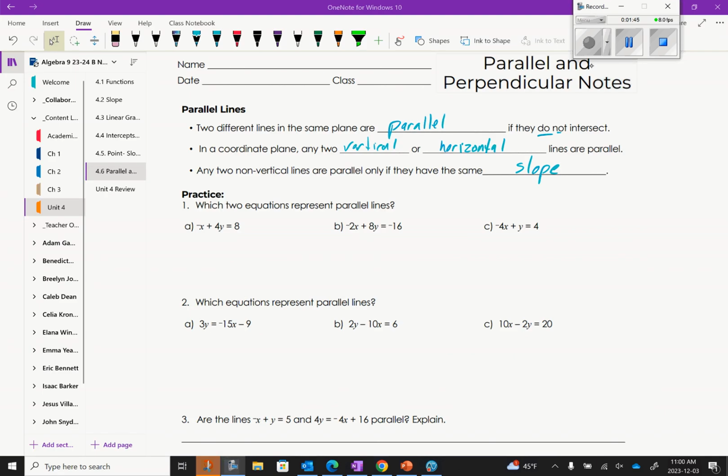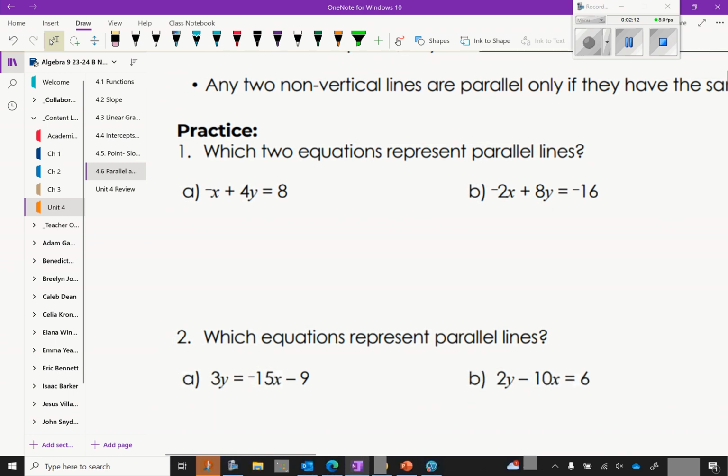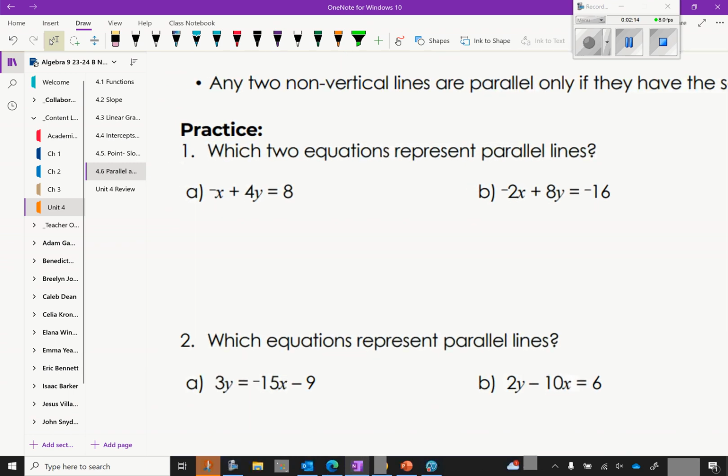So for practice question number 1, which two equations represent parallel lines? Well, in this case, we're going to have to do a little bit of work because the equations are not in slope-intercept form. They're not in point-slope form. We cannot tell what the slope is just by reading the equation yet. So we'll transform them. We'll put them into slope-intercept form. In this case, I would say we need to add x to both sides.